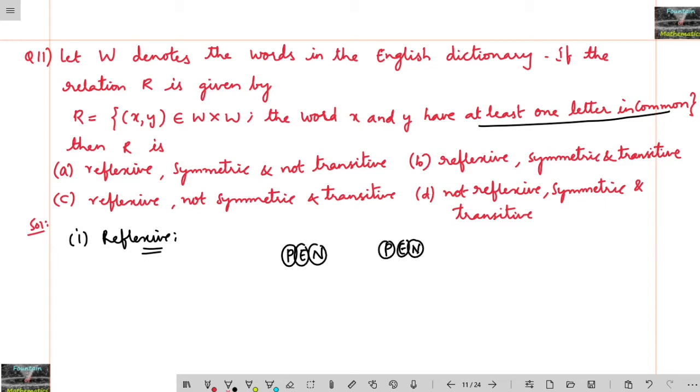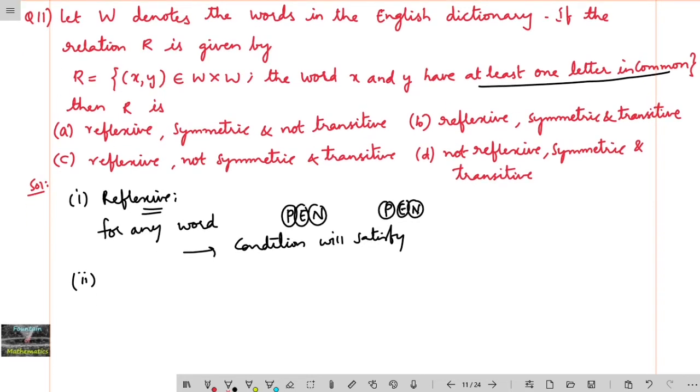All 3 letters are common, which means a minimum of one common is there. So for any word you select, the given condition will be satisfied, right?